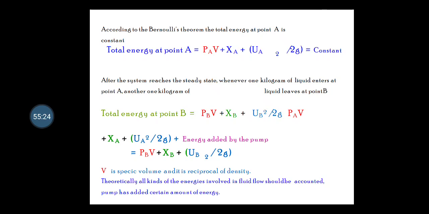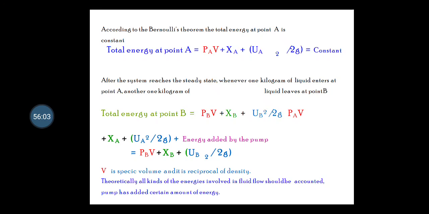So the total energy at point B would be PBV plus XB plus UB square divided by 2g, here taking the pressure with respect to B. So PAV plus XA plus UA square divided by 2g, plus the energy added by the pump, equals PBV plus XB plus UB square by 2g. Here V is the specific volume and it is the reciprocal of density.